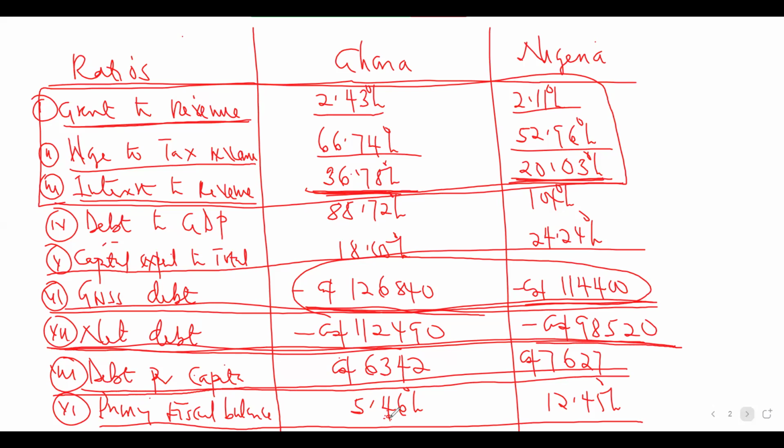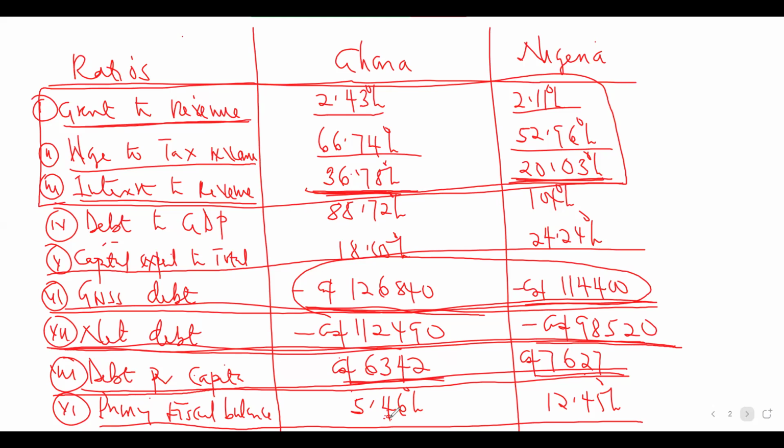So this might not be that Nigeria is actually having a higher debt burden on the citizens, no. But because Ghana is having a higher population, Ghana's debt per capita is lower than Nigeria, because Ghana is 5 million more populated than Nigeria. If they should have the same population, Nigeria might be having a lower debt per capita than Ghana.